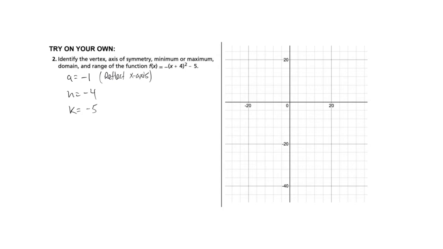So what I want you to label is the vertex, the axis of symmetry, the minimum or maximum. Remember, with quadratics, most of the time you only have a min or a max. And then domain and range. I want you to pause this now and try and complete this, and then we'll go through the solutions together.